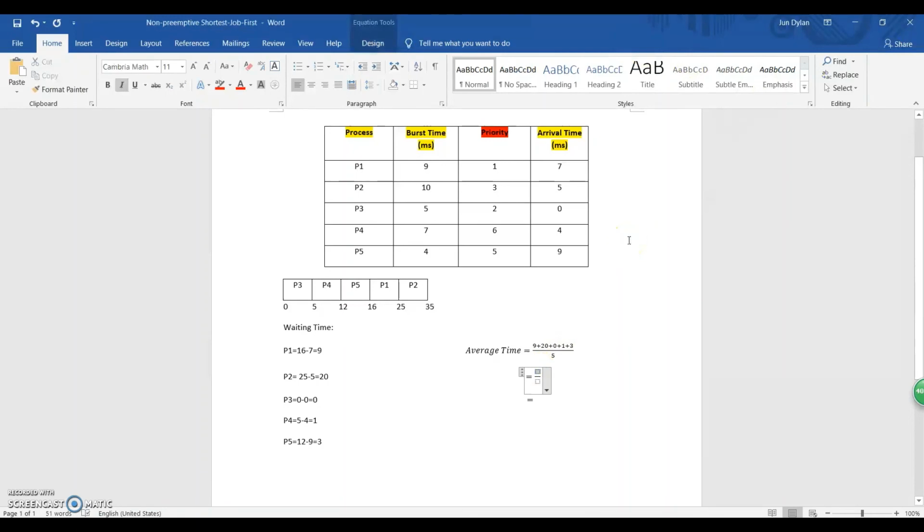So 9 plus 20 plus 0 plus 1 plus 3 is equal to 33. After that, we divide it by the total number of processes, which is 5. 33 divided by 5 is 6.6. So 6.6 is the average waiting time of this sequence.